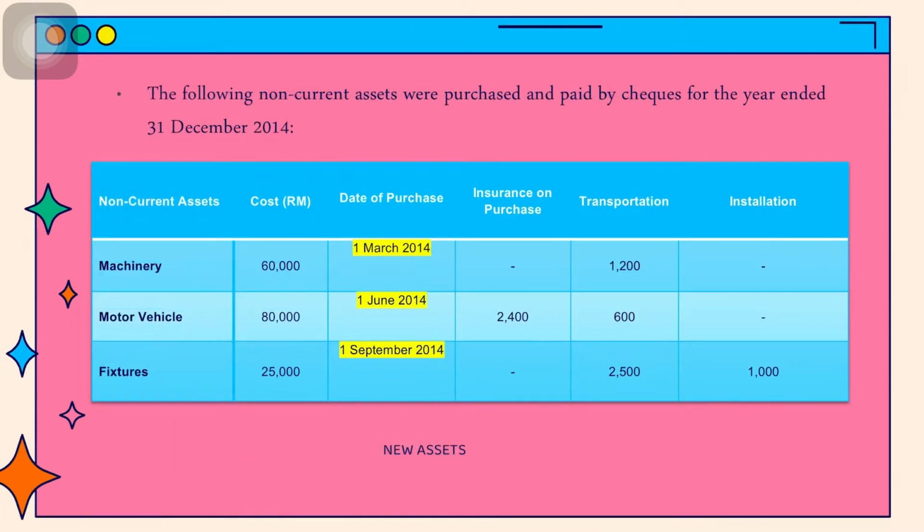The following non-current assets were purchased and paid by cheque for the year ended 31st December 2014: machinery, motor vehicle and fixtures. These we call new assets because Hoyaki Enterprise purchased them during 2014.